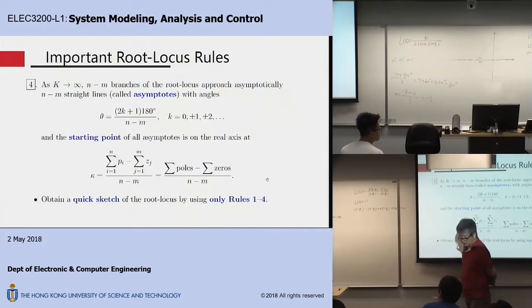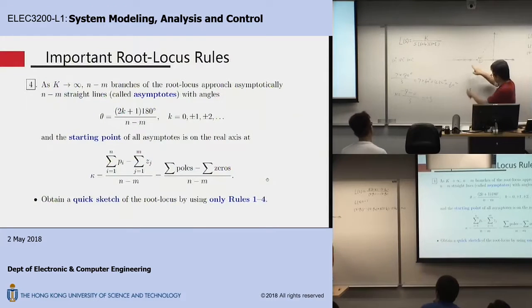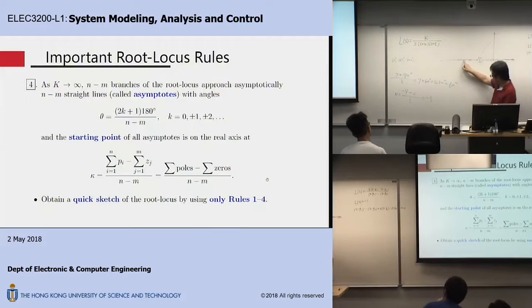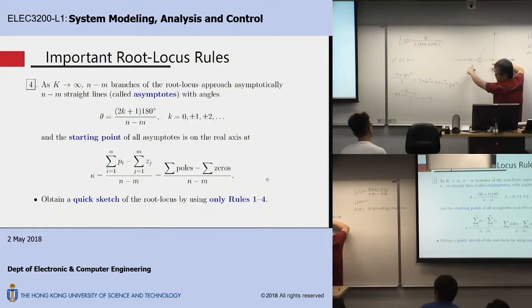The meaning of asymptotes is that when k is big, the locus is going to approach this. And this branch of the root locus already exactly matches this. So that's no problem. Then you can imagine that these two branches will start from here and meet somewhere.